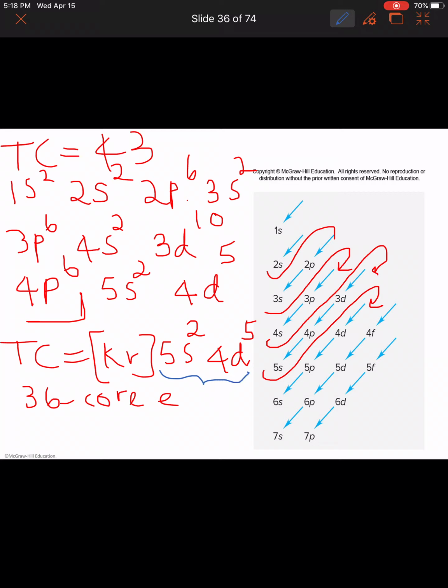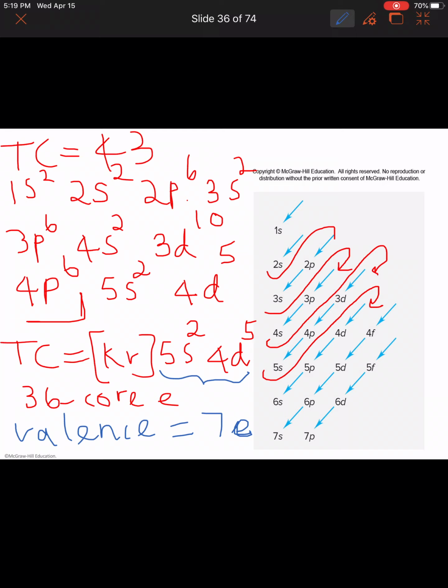So these ones are going to be your valence electrons, because the d is not completely filled. When the d is not completely filled, they are considered valence electrons. So the highest energy level, which is the 5s, and also any incomplete d electrons are considered valence electrons. So there are 7 valence electrons for technetium.